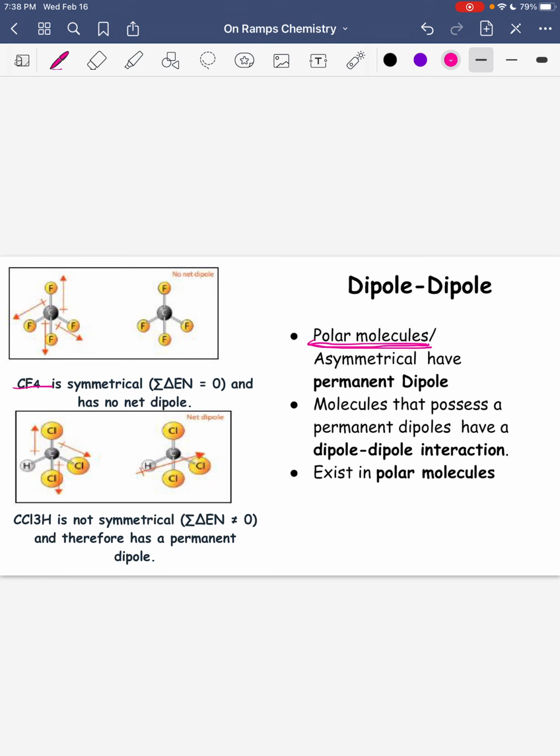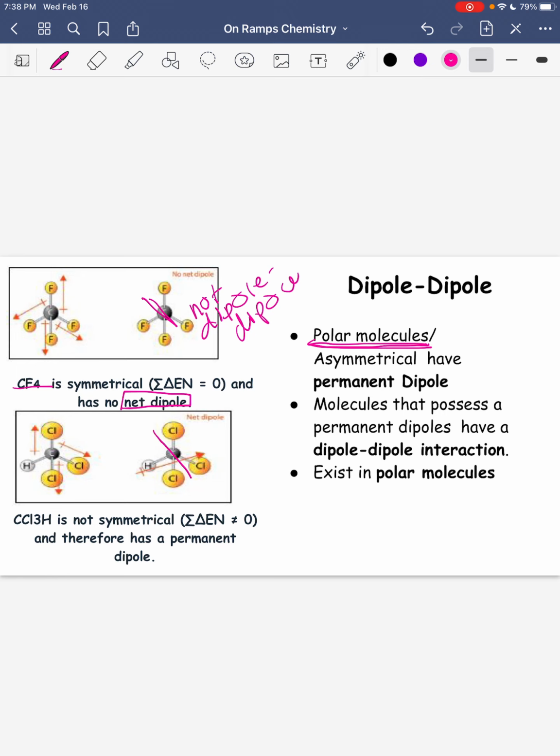If you cut it in half, you're going to have 2 fluorines on one side, 2 fluorines on the other. This means that it has no net dipole moment. So it is not dipole. It's actually dispersion forces at work, but we'll talk about that later.